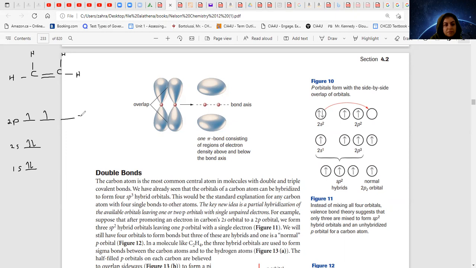That's why just 3 of them need to combine here, and this double bond will remain here.